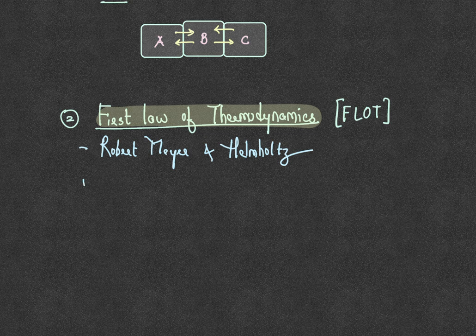This law is nothing but the law of conservation of energy. Energy can neither be created nor destroyed. It can only be transformed. So I'm not writing the full thing once again. You have it in the notes also. I'm just writing energy of universe remains constant.